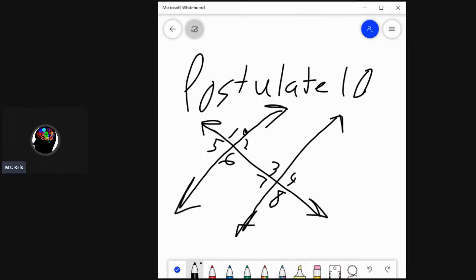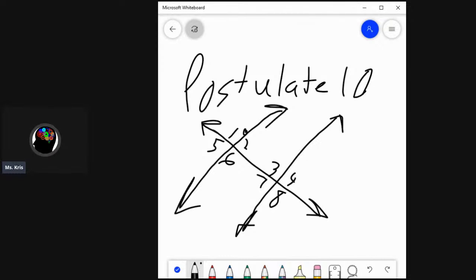So now, interior angles are, of course, the angles on the inside. So angles 2, 3, 6, and 7, those are considered interior angles. They are on the inside. Whereas 1, 5, 4, and 8, those are the exterior angles.